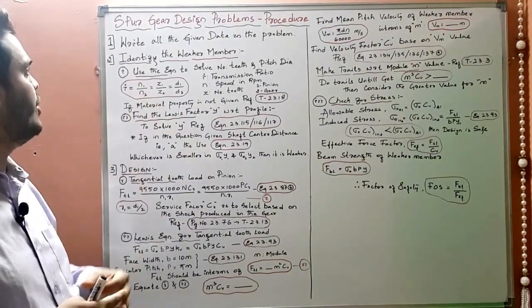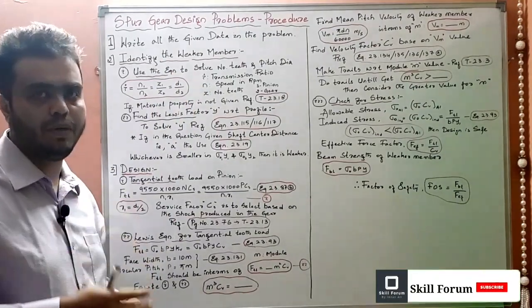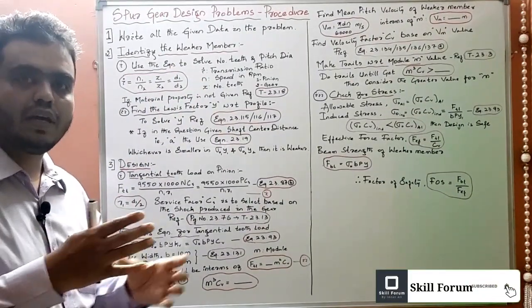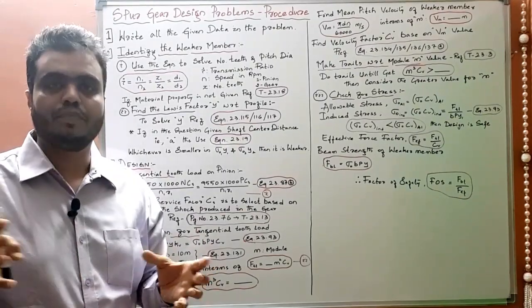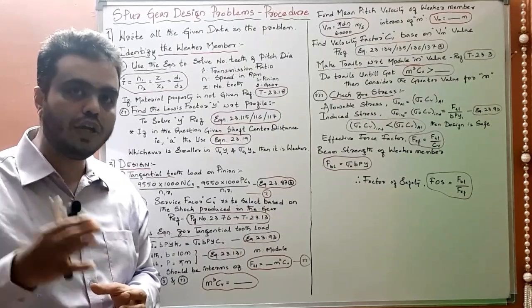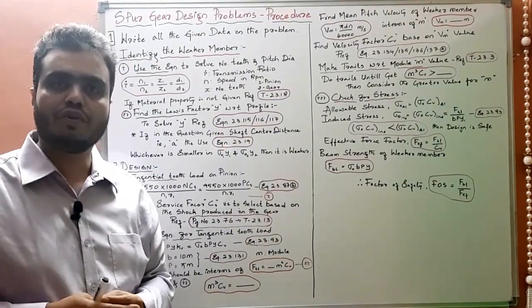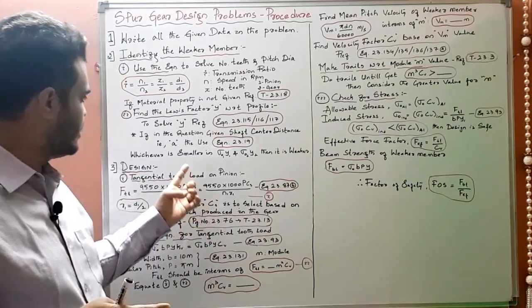Next, you need to identify the weaker member in the system. In the system means whether the gear or the pinion is weaker, and you need to identify it. To identify the weaker member you have equations.